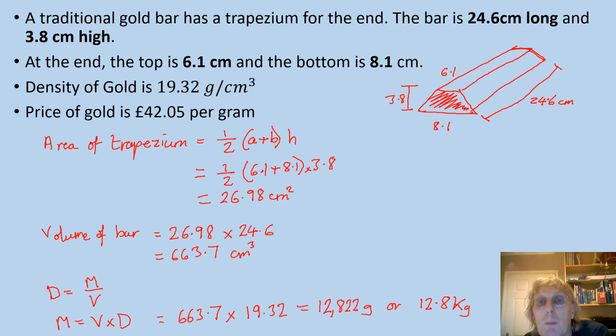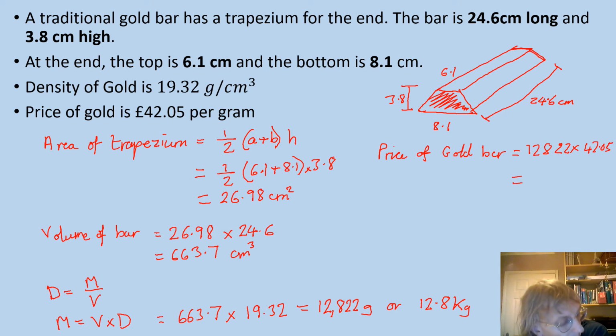So the price of this gold bar, they do come in different sizes, but the one we're working on here, the price of this gold bar is going to equal 12822 multiplied by 42.05, and that is going to equal, in this case, 539,165.